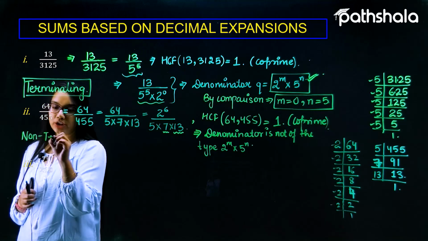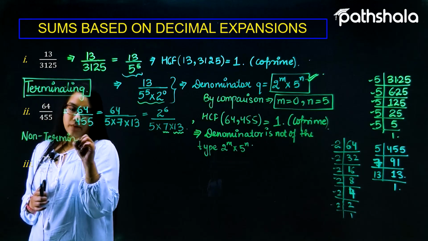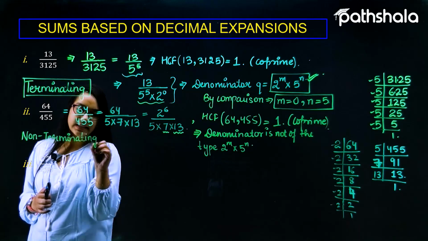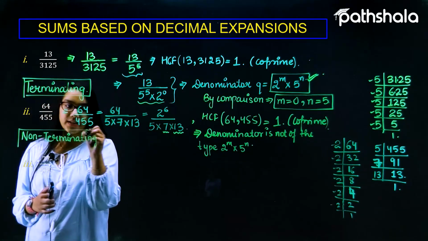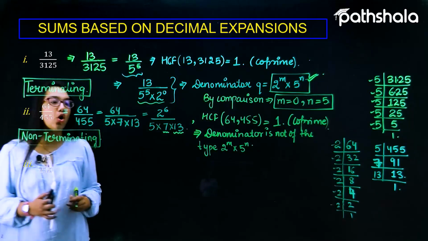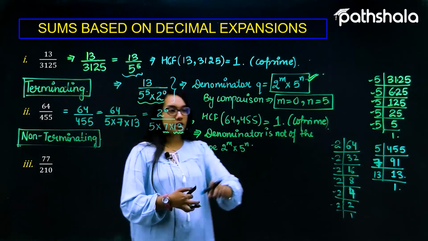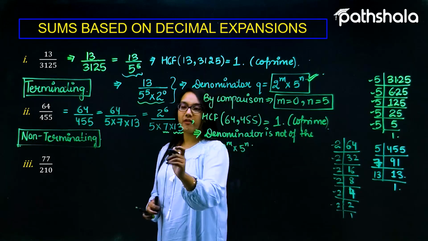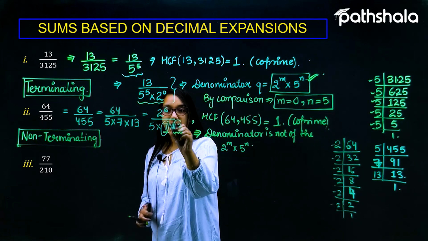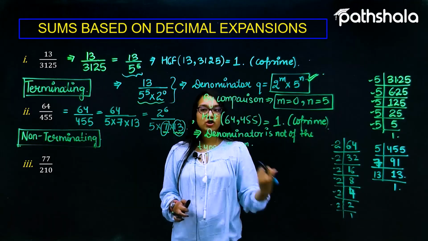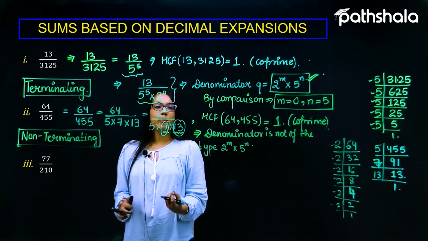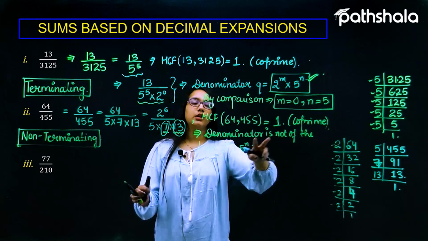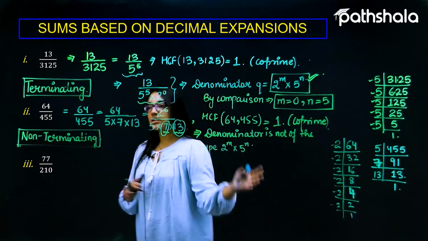It is non-terminating because it is not satisfying the second condition. The denominator is not of the type 2 raised to the power m into 5 raised to the power n, because we have 7 and 13 as extra factors of the denominator. So we can conclude the denominator cannot be of this type. It means it is non-terminating.